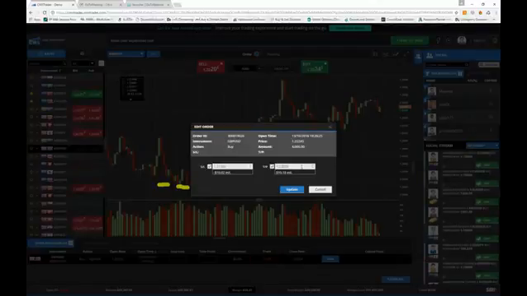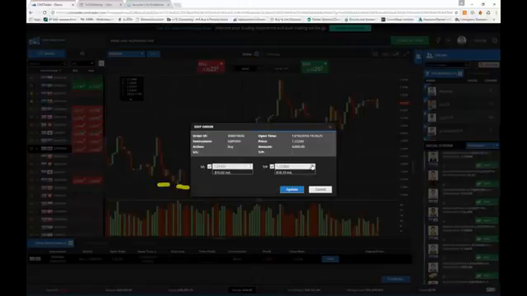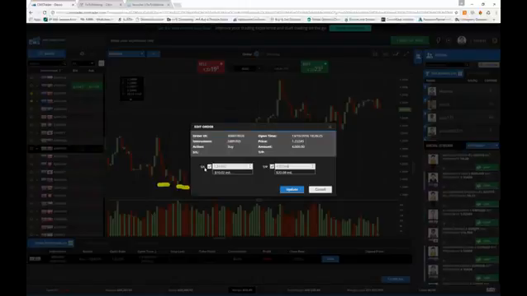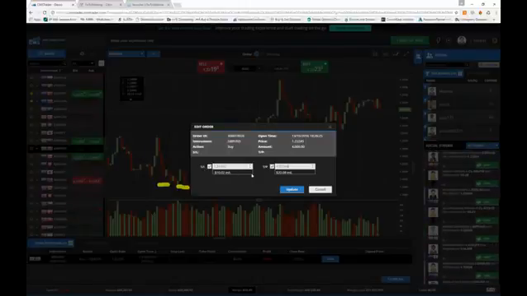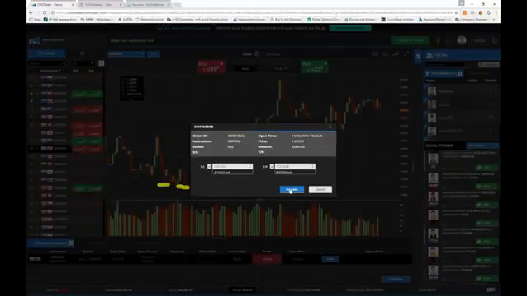Sorry. Just for purposes of this example, I put it in for $20. I put in my take profit. This will sell it there. I put in my stop loss, which will prevent me from losing any further, because I'm not interested in losing more than $10 in this trade. And I hit update. And now my order has been updated.